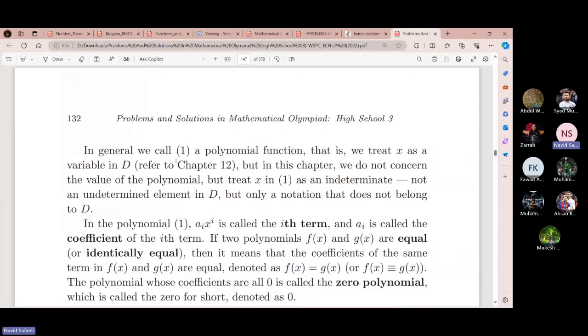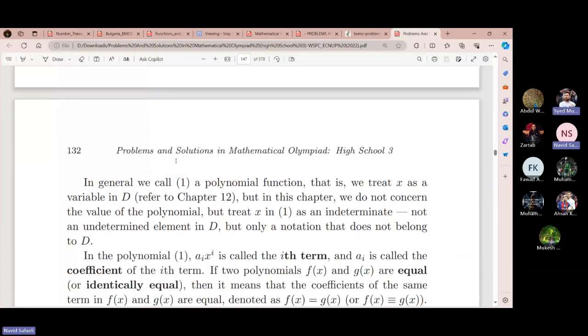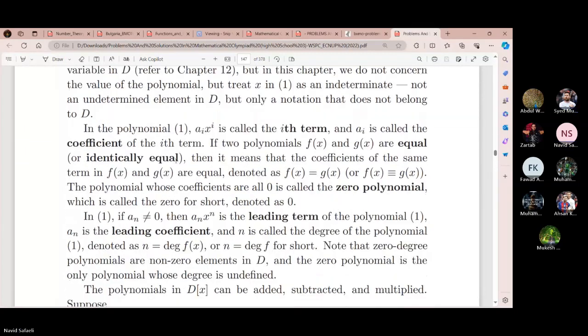In general, we call a polynomial a function, and a_i x^i is called the ith term of the polynomial, and a_i is called the coefficient.